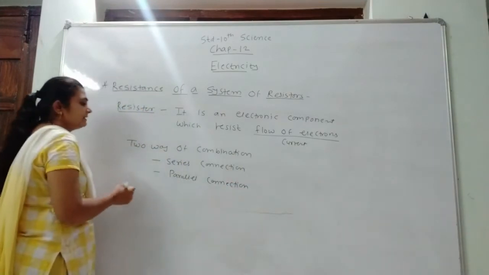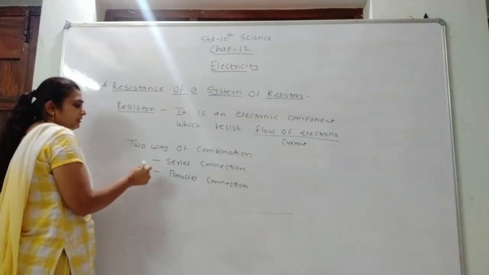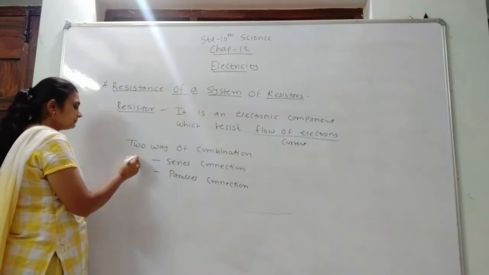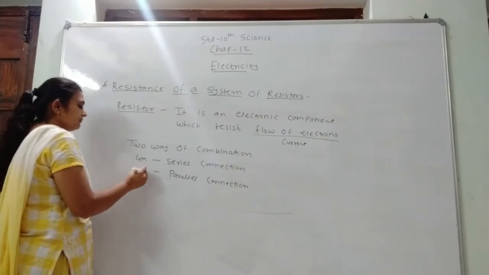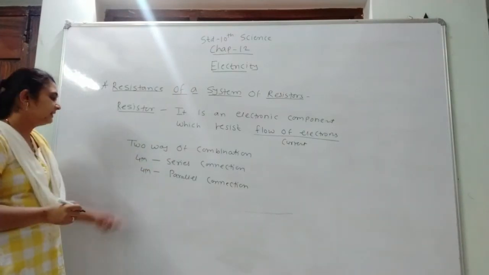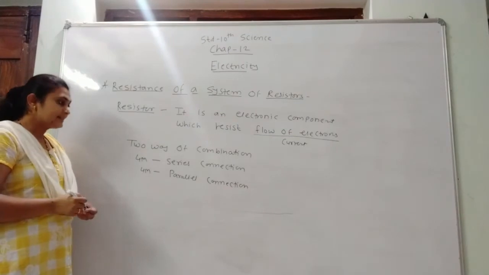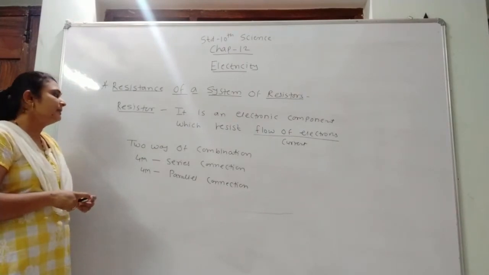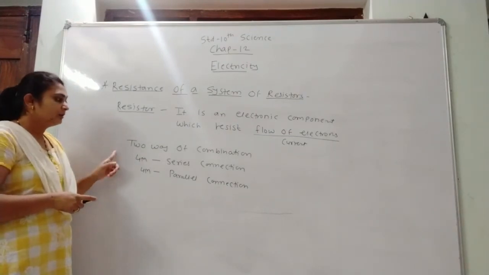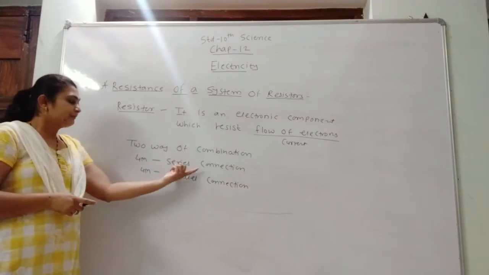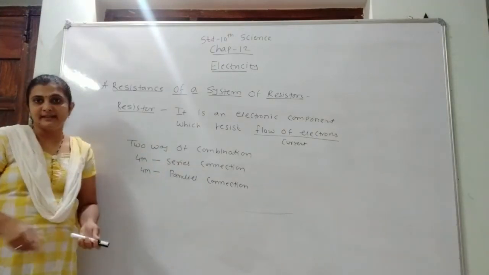In the board exam, one topic from these two is asked for 4 marks. Okay? These are the important topics: series connection and parallel connection of resistors. Now note down first. Now we will see series connection.